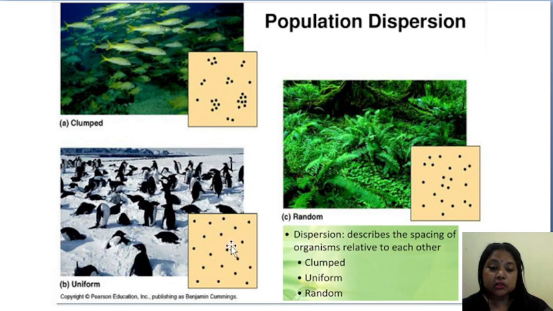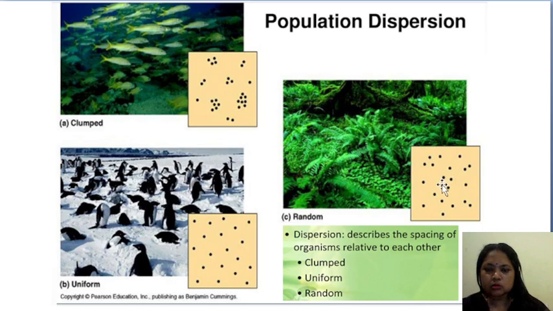That type of distribution is uniform. Then random means it is somewhat more spacious than clumped and somewhat less than uniform. Means somewhere you will get 4, but still some space or gap is there between them, and somewhere 1.